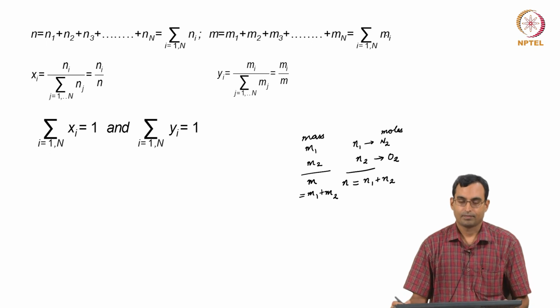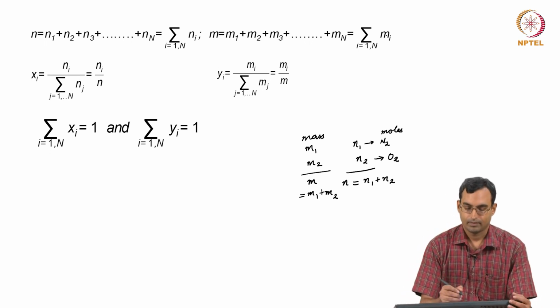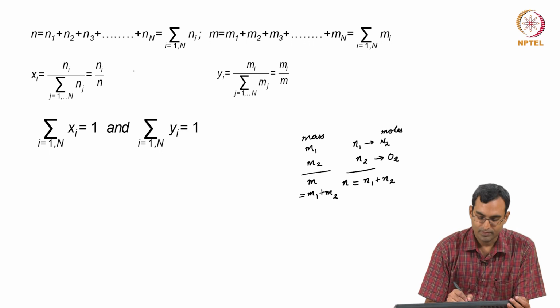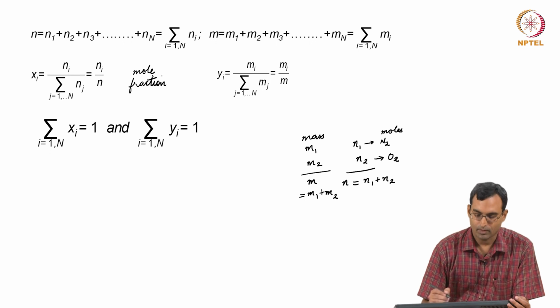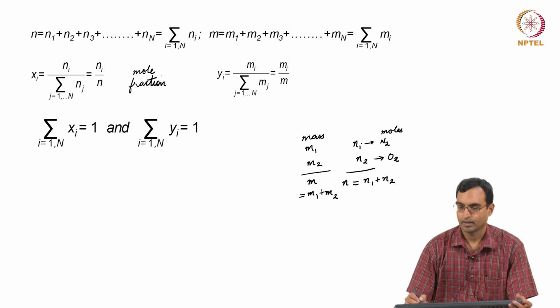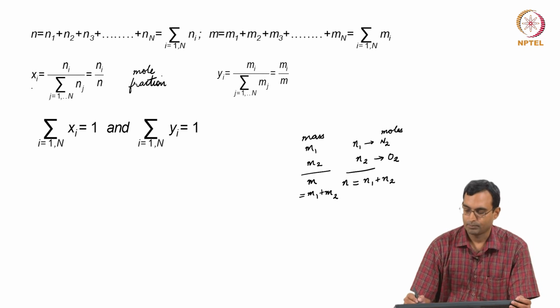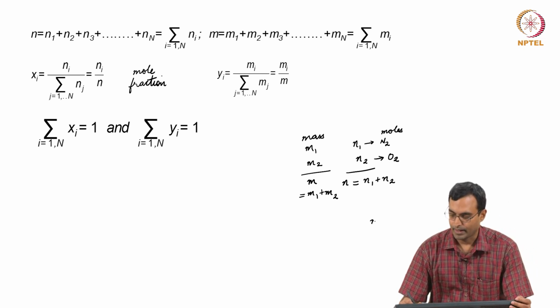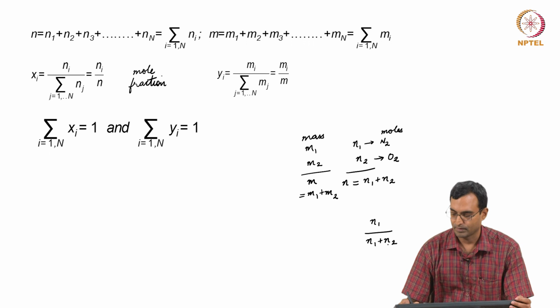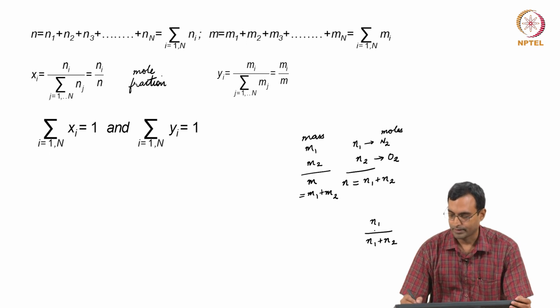We use a few other things over here. One of them is what we call the mole fraction, which is the number of moles of any of the species divided by the total number of moles. For example, if I wanted the mole fraction of nitrogen, that would be n1 divided by n1 plus n2, the number of moles of nitrogen divided by the total number of moles, and n1 plus n2 is also n.